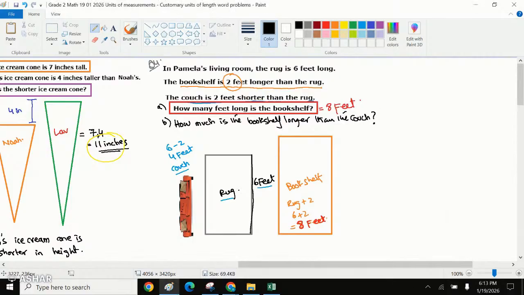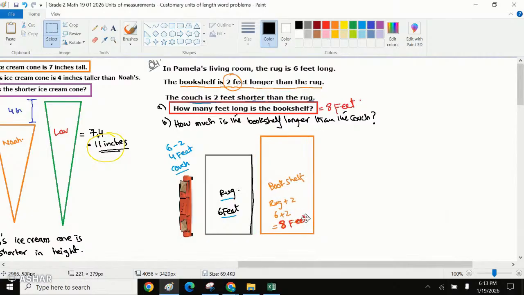See? Now what we did was we changed the question, right? That was very simple. How many feet long is the bookshelf? The bookshelf and the rug comparison was already there. We compare the rug and we find the answer, right? But now we want to find the comparison between the bookshelf and the couch. The difference of the heights.